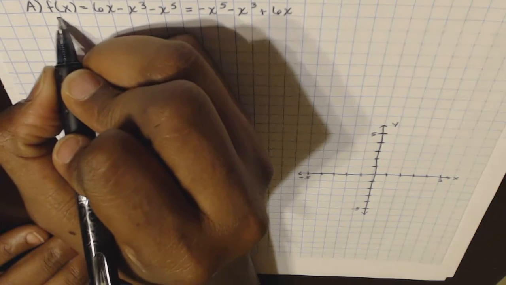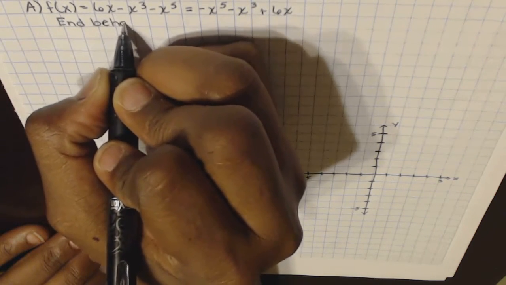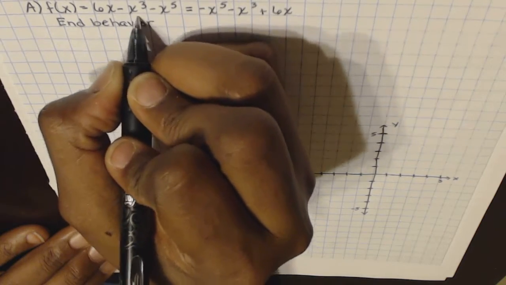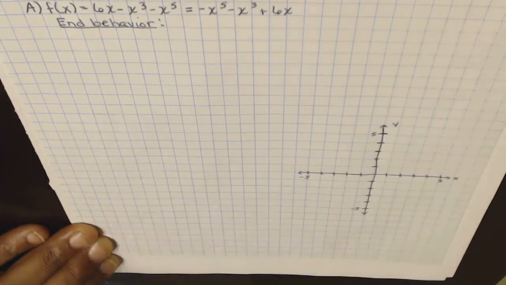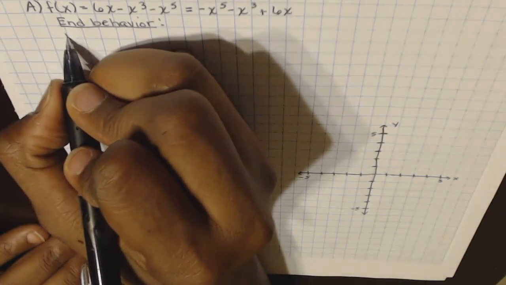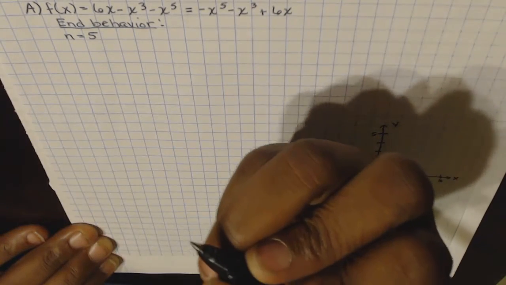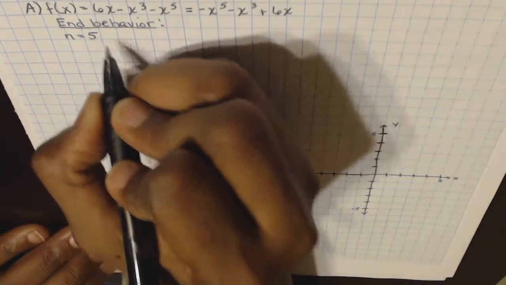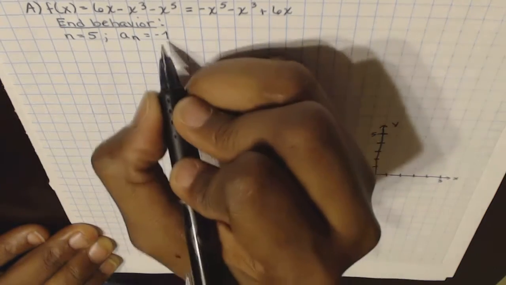First thing we need to find is end behavior. Using end behavior, I recognize that my degree is 5 and my leading coefficient is -1.